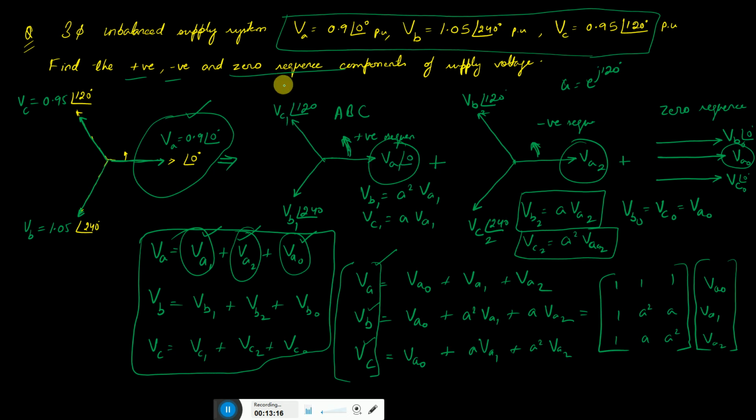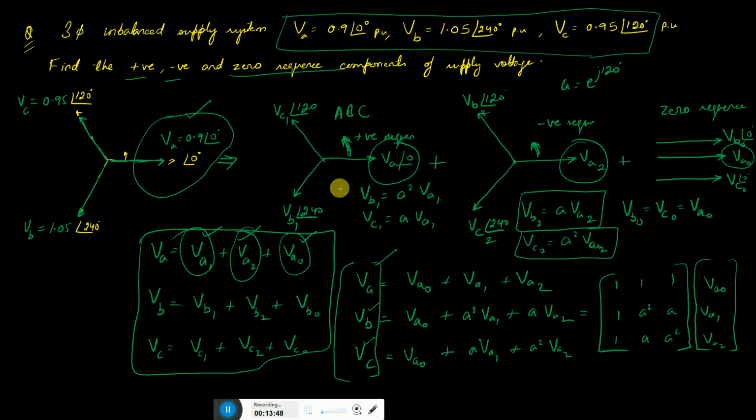The good thing about these sequences is that they are balanced, like VA1, VB1, VC1 are equal. The negative sequence components are also equal, but the phase sequence is different. In the zero sequence, the phase angles are 0, 0, 0, but the magnitudes are equal. All are sinusoidal.